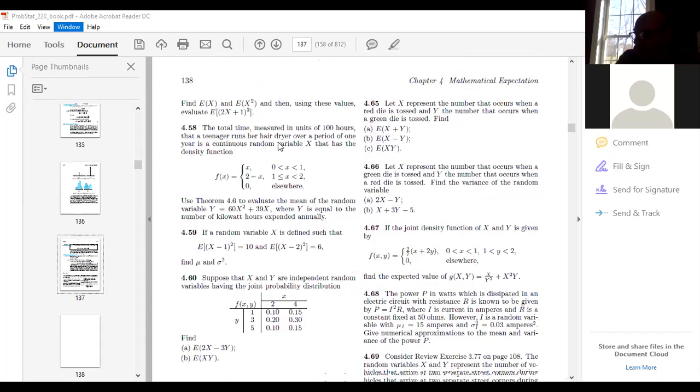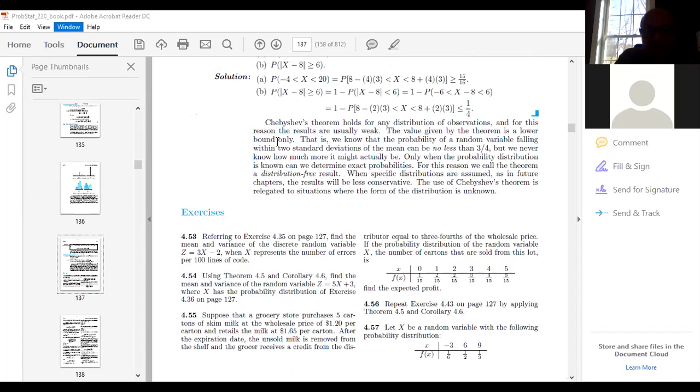Okay, that's fine. Let's go for example number, which one? I think all are good, but let's go for 4.55. Example 4.55 says that we are going to do 4 more examples and we are done.